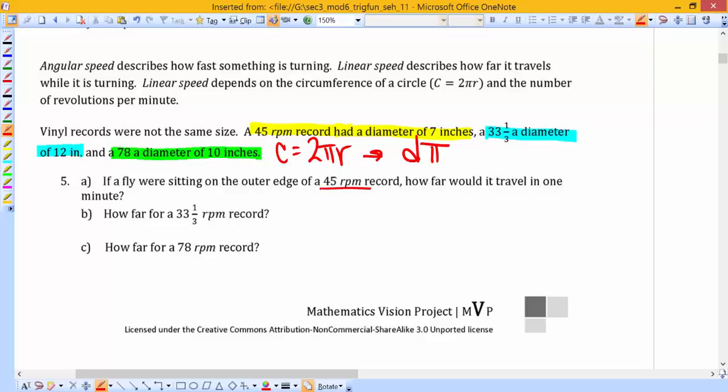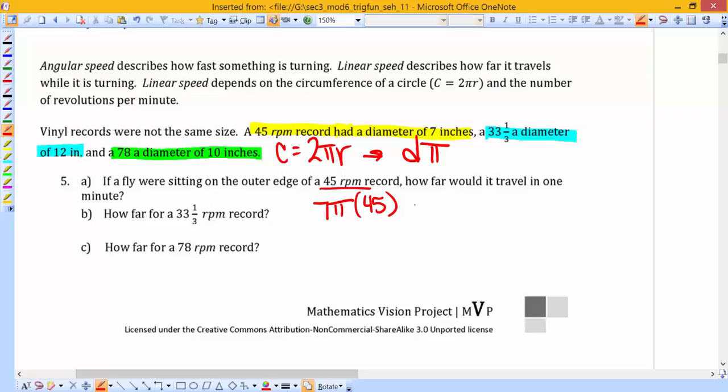So it's 45 revolutions per minute. So for a 45 RPM record, the diameter is 7 inches. So I'm going to have 7 times pi, and it's going around 45 times.